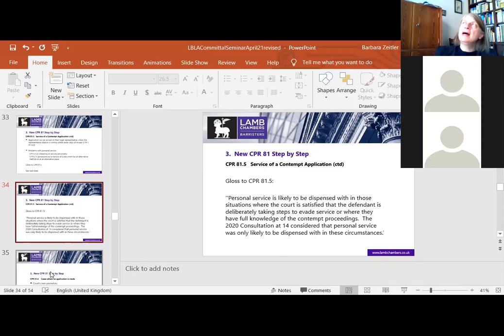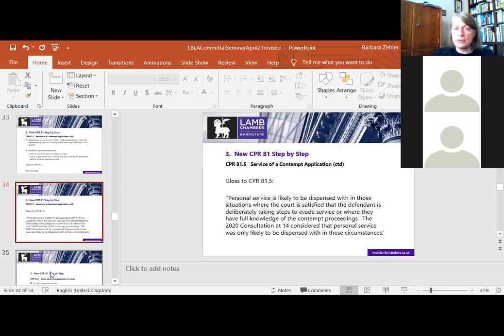reference in the gloss to CPR 81.5, which deals with the very limited circumstances where perhaps it might be, and this is disregarding now service on a legal representative, where it might be possible to dispense with personal service.